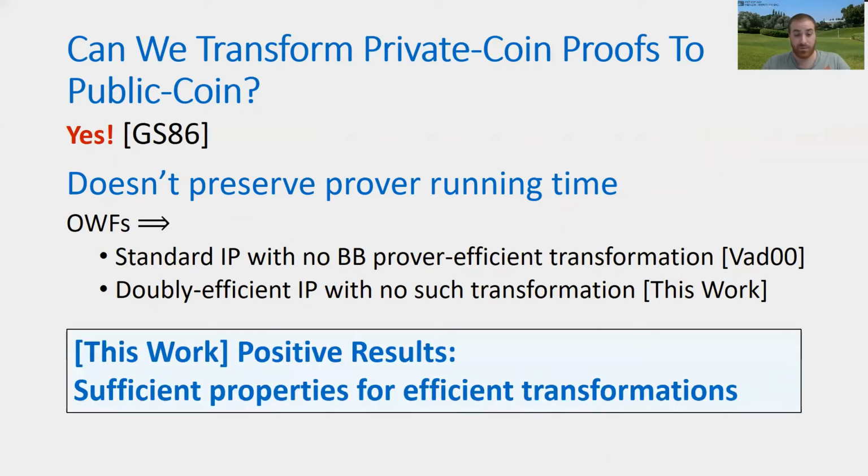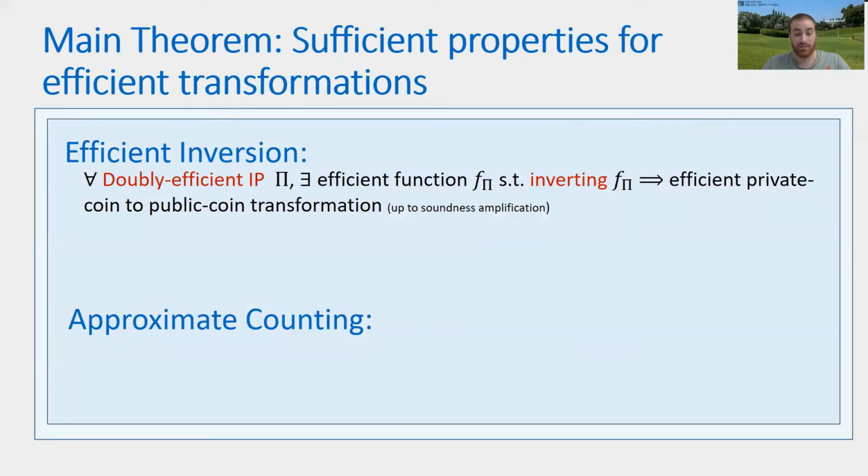In the rest of this work, we explore sufficient properties for efficient transformations. Specifically, our main result shows that efficient inversion suffices for this.